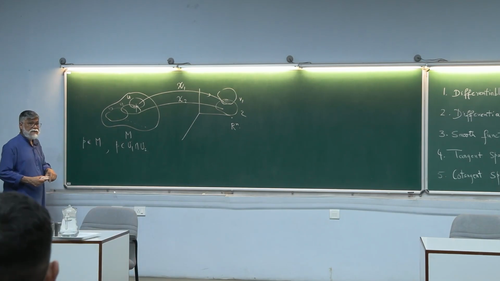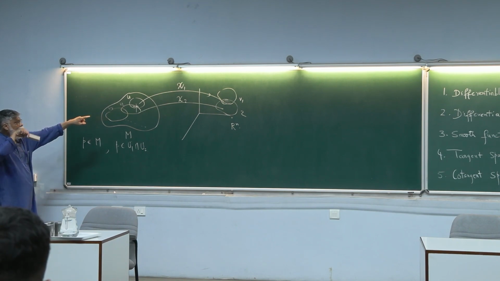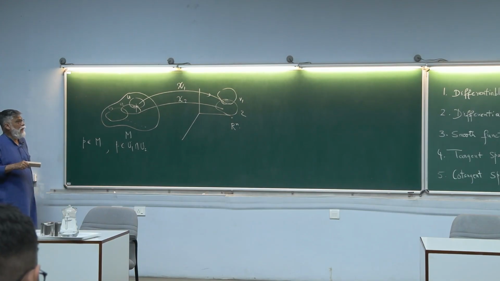And hence, the object P will have one set of coordinates because it is mapped to the open set V1, and another set of coordinates because it is also mapped by chi2 to this point.